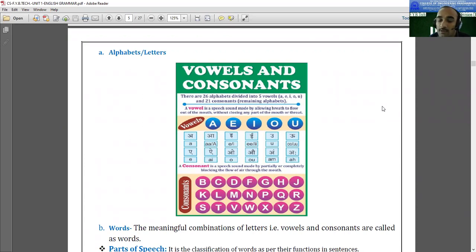These 5 are called the vowels, but also there are some vowel sounds.